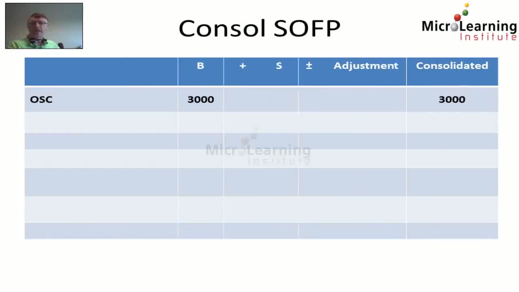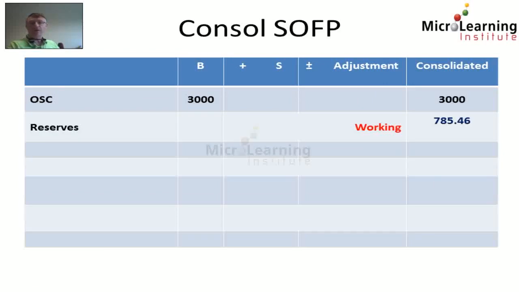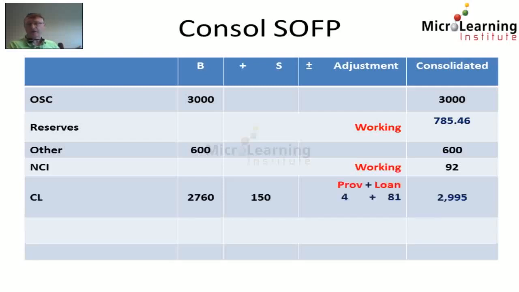On the other side of the balance sheet, we have ordinary share capital of 3,000 in relation to the holding company, Beta Block. We have reserves, again directly from the working, of 785.46. We have other components of equity, again directly from the accounts of Beta Block, of 600. We have non-controlling interests, again directly from the working, at 92.